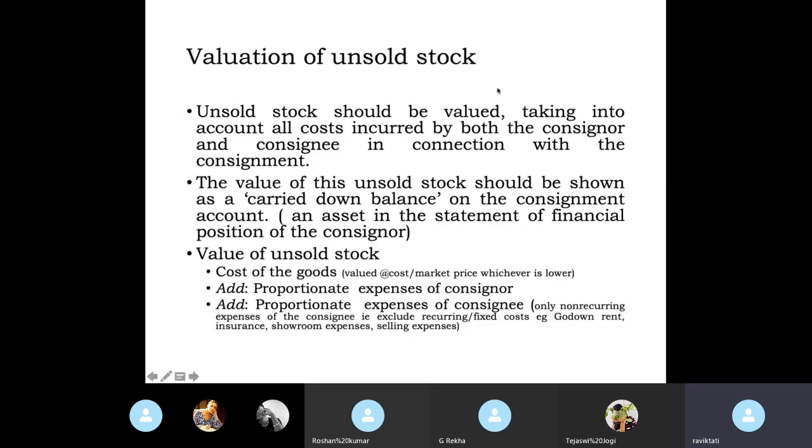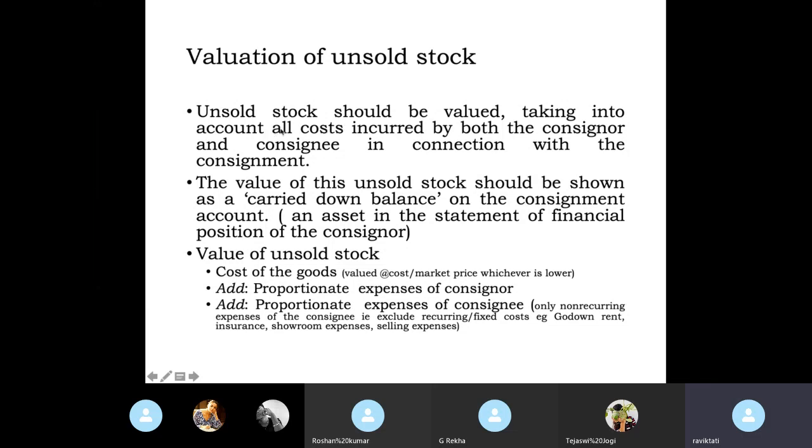Look at this. This is an important intricacy in the consignment: valuation of unsold stock. Unsold stock should be valued taking into account all the costs incurred both by the consignor and consignee in connection with the consignment. I wrote all the costs but it is not all the costs.